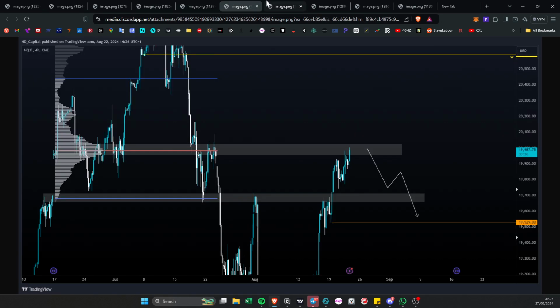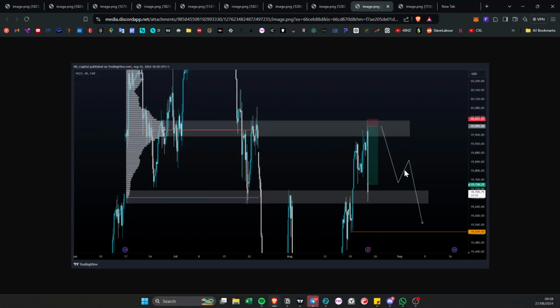Coming back into this screenshot, you can see the value low of this range rejected. Once accepted, you have a rotation to the point of control, but you reject this point of control. Right now price came down to 19,530. It came back to this. We had a nice bounce to the upside, but right now price is still struggling.